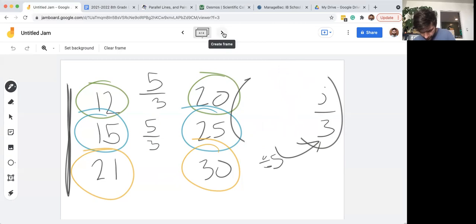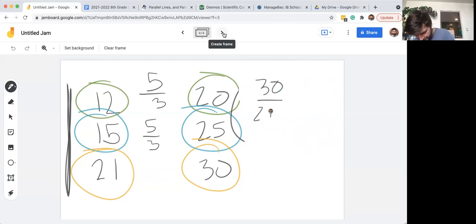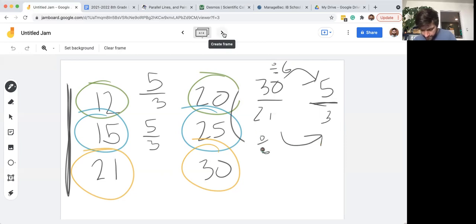30 over 21. I'm going to do the same thing. I'll write it as a fraction. Make sure it reduces to 5/3. Okay. So I look at this guy right here and I say, okay, 30 divided by what equals 5? 30 divided by 6. So does 21 divided by 6 equal 3?